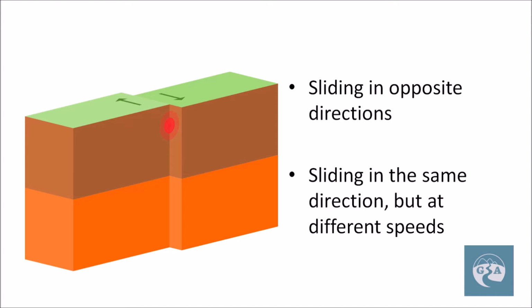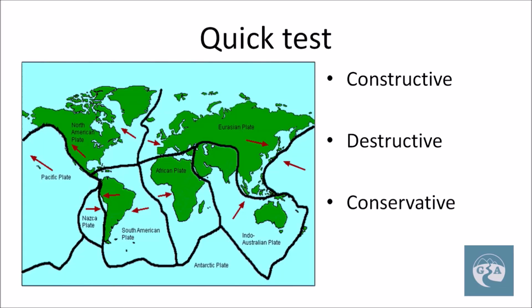During that change in speed or alternate directions, there are not going to be straight flat lines in which two plates can slide past each other smoothly like this diagram might show, but in fact there'll be a lot of friction that builds up by the plates getting trapped. So when they're trapped and the two plates are trying to move, this tension builds up. Eventually that tension will be released, and this has the potential to unleash massive earthquakes. So that is the conservative plate boundary. Nothing's destroyed, nothing's created, but it can cause enormous earthquakes.